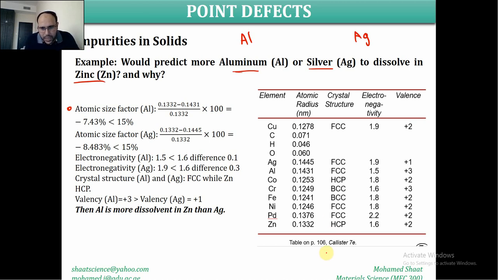So for example, the zinc, which is Zn, has an atomic radius of 0.1332. So this is the radius of the zinc, minus the radius of the aluminum, which is 0.143431. Divided by the radius of the zinc times 100 to end up with a percent.